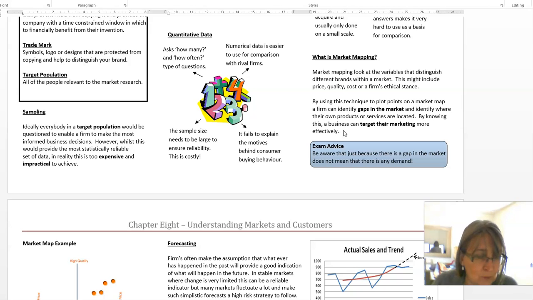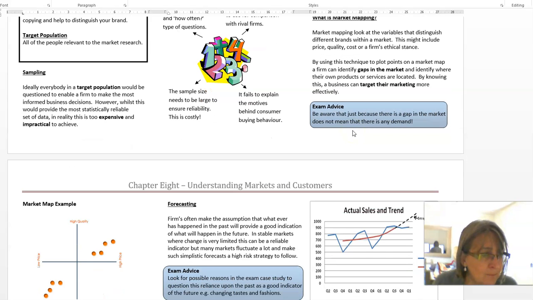Market mapping. What we do in market mapping is we can choose any two axes. So here we've got price versus quality. You can choose in market mapping what your two axes are. And then we look at all the products on the market similar to ours and where they fit in this market map.